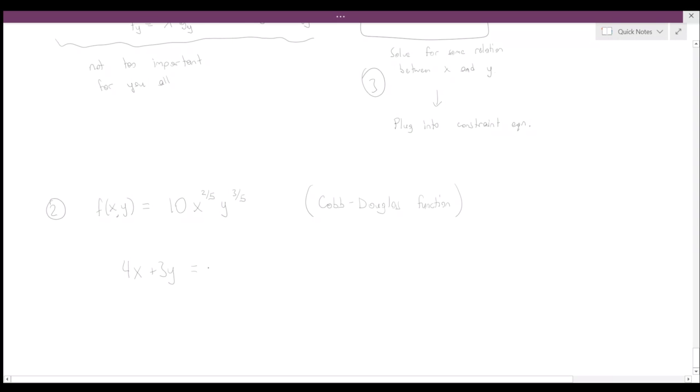And we have a budget of $1,000, so that has to be 1,000 and no more than that, okay? So we get our constraint equation from that second part.